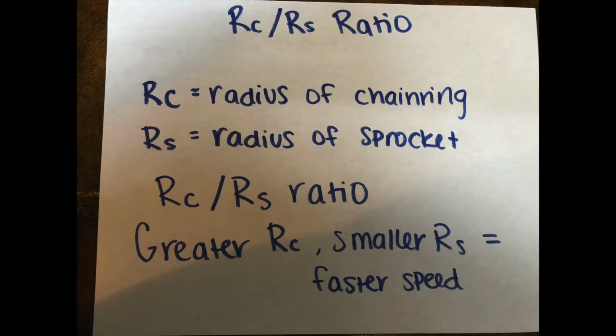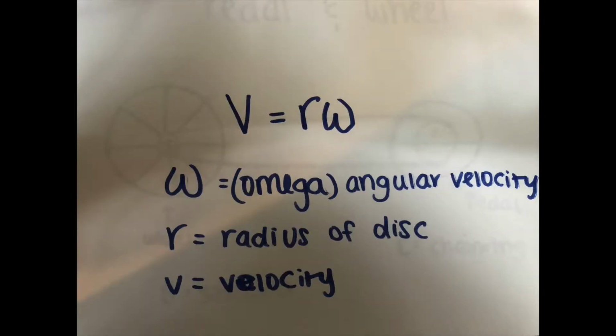When a person changes the gears on their bike, the disc, which is located where we pedal, changes to another radius. Because of this equation, when the radius of the disc changes, the radius times the angular velocity also changes. This results in a different velocity for the bike.